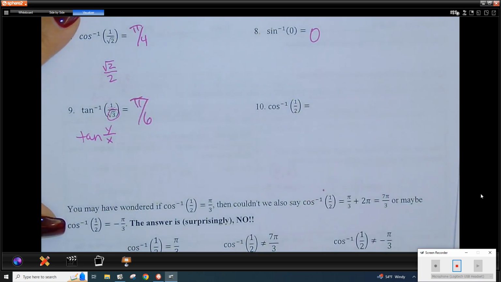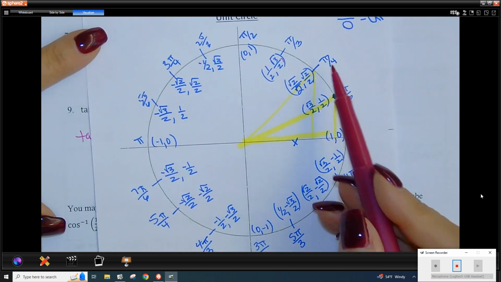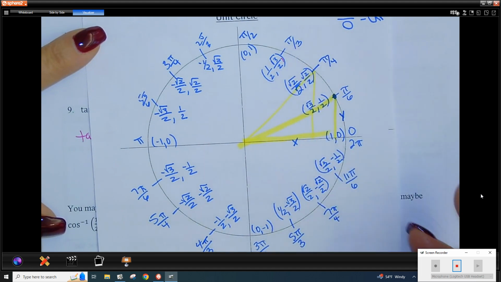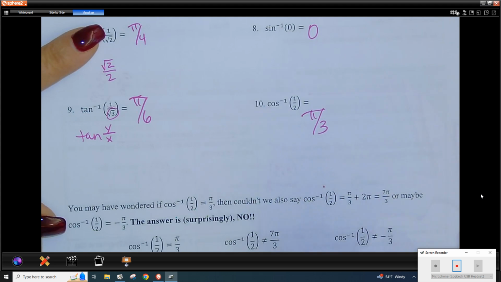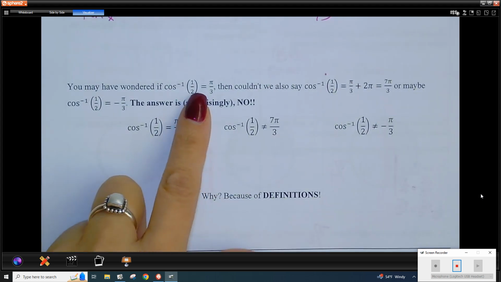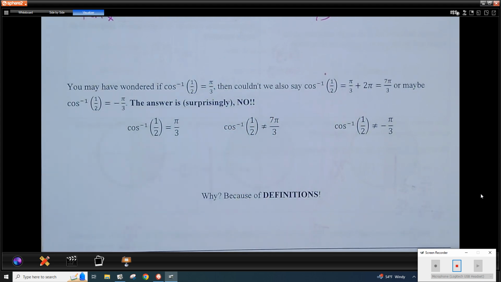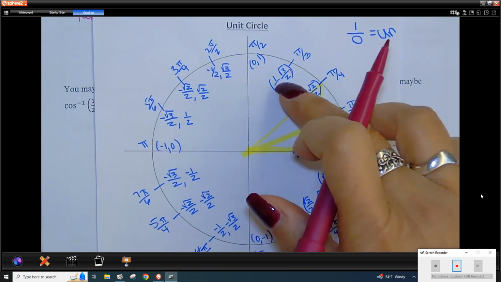Cosine of 1/2. You go to the x value of 1/2, and the first one we hit after 0 is pi over 3. Okay, have you wondered, if that's pi over 3, can we also say that we keep on going around the circle, and there's lots of them that could be 1/2?